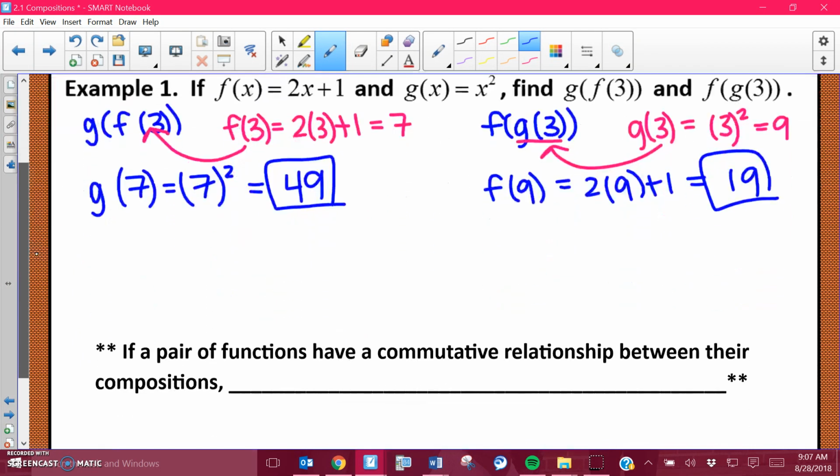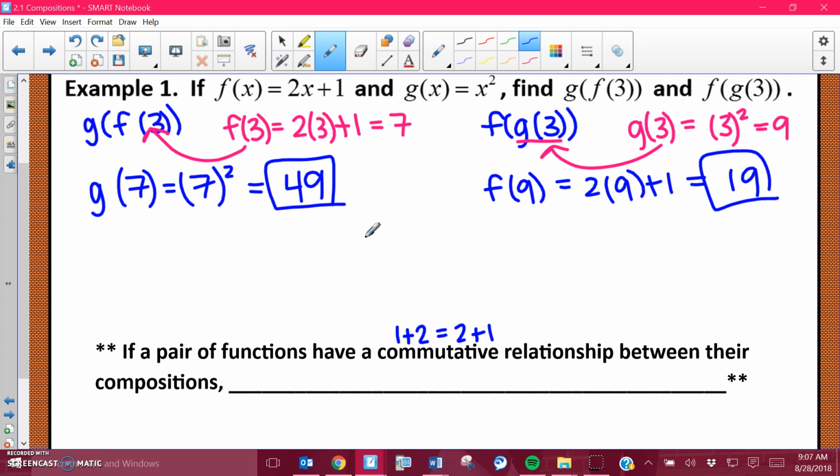Okay, now when you have a pair of functions, we have something called the commutative relationship. The commutative relationship is just that you can change the order of the things around. So for instance, addition is commutative. 1 plus 2 is the same thing as 2 plus 1. So commutativity is just me looking at it and saying I can do them in either order.